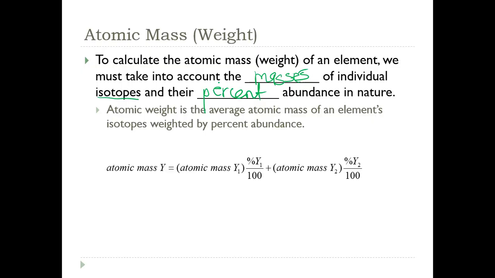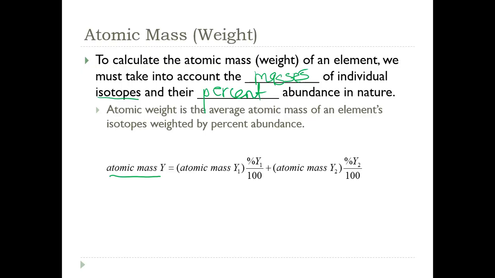So atomic weight is the average atomic mass of an element's isotopes weighted by percent abundance, such that atomic mass is equal to the atomic mass of the first isotope times its percent abundance converted to a decimal number, so percent divided by 100 to convert it to a decimal number, plus the mass of the next isotope times its percent abundance as a fraction.